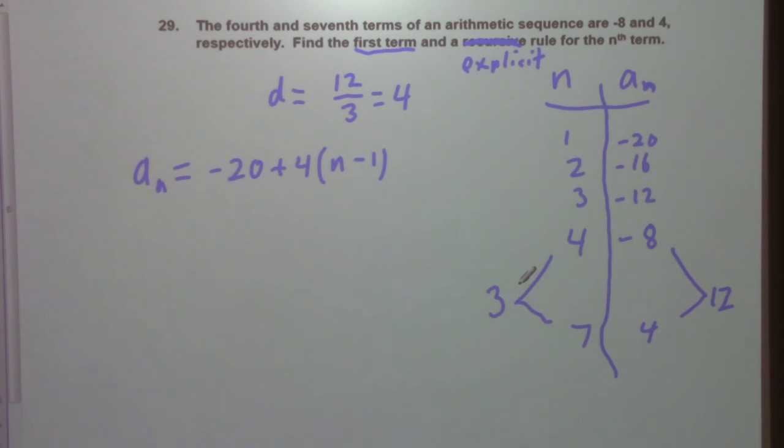Linear. They would be linear in pattern, but what would the actual graph of it look like? No, they will be individual points, right? That's discrete data is individual points. Continuous data would be actually the points connected.